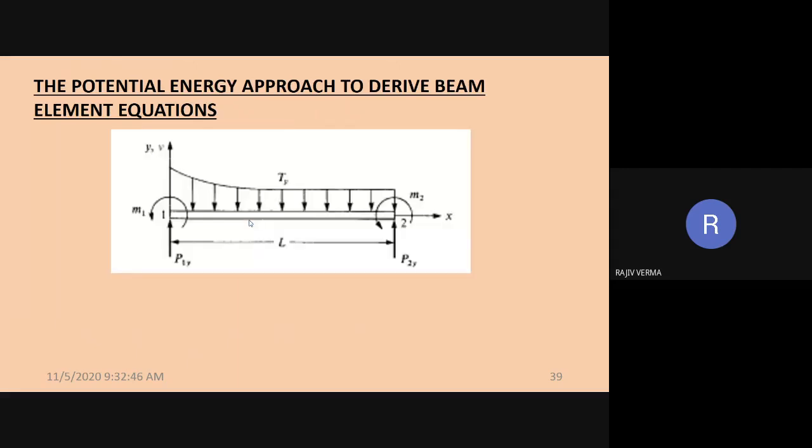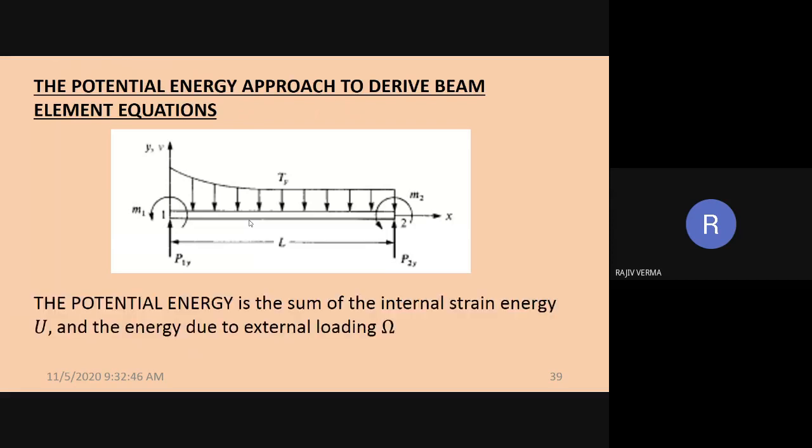So we have a beam which is subjected to a surface load given by T. Since this surface load is acting in the y direction, it is indicated by Ty. The length of the beam element obviously is capital L, and there are point loads and point moments acting at the nodal locations, and the direction of the coordinate system is also indicated.